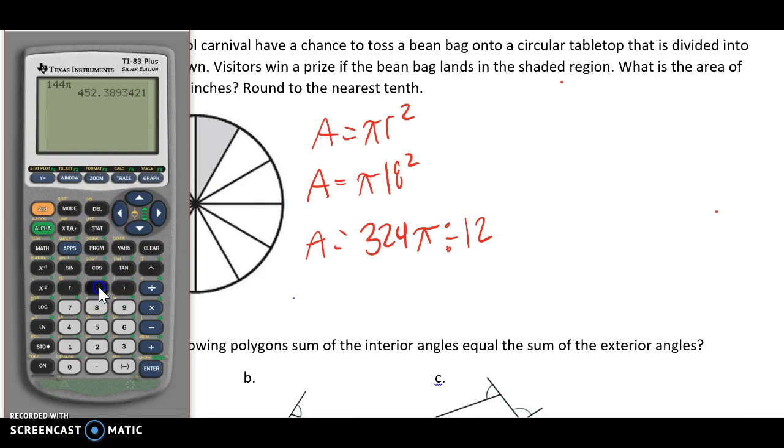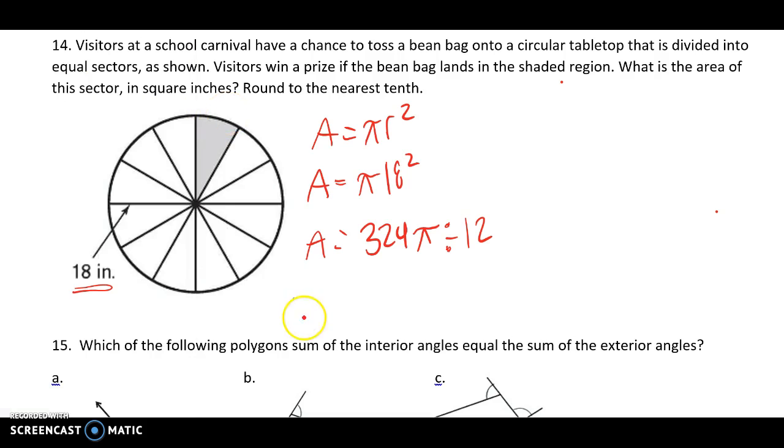Again, I'm going to put 324 and pi in parentheses together just to make sure it does our order of operations correctly. Divide that by 12, and we'll find the area equals 84.8. So we just found the area of the complete circle, and since we knew we had 12 equal sectors, we just divided that number by 12. That's one way you could have found it.